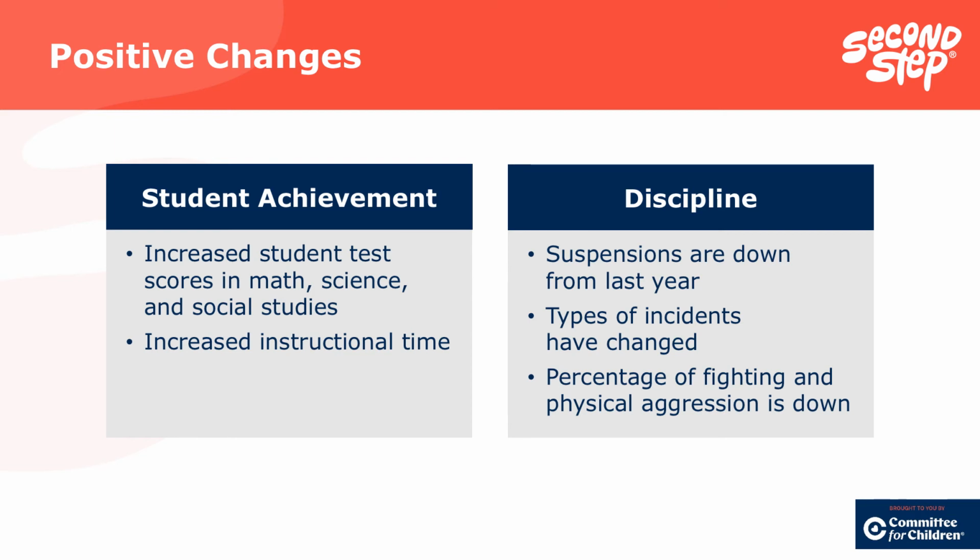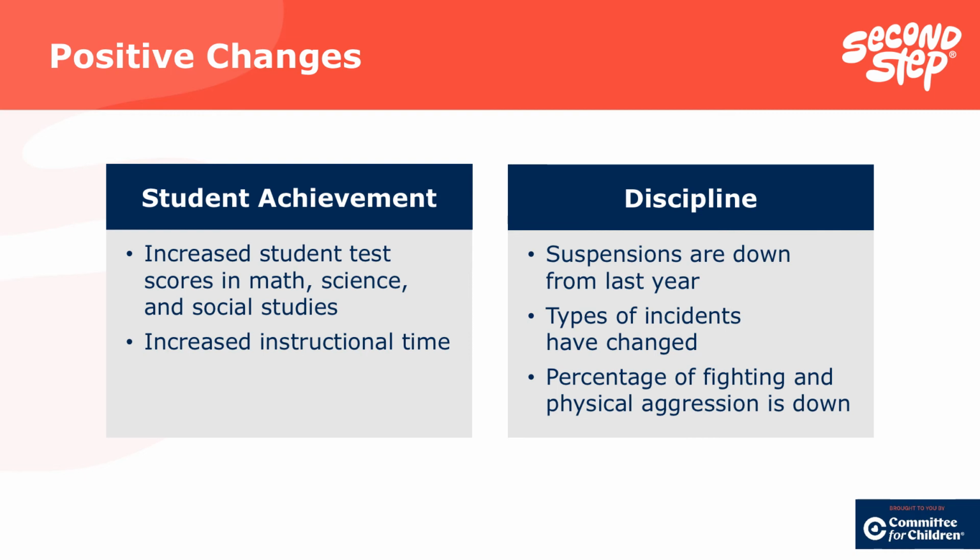For discipline, they saw that suspensions were down from the year before, so that's obviously a huge thing. That's kind of a big deal around the country right now. It's just finding ways to get those suspensions down in positive ways. They also saw that the types of incidents that were reported, or the reasons kids were sent to the office for referrals, were changing.